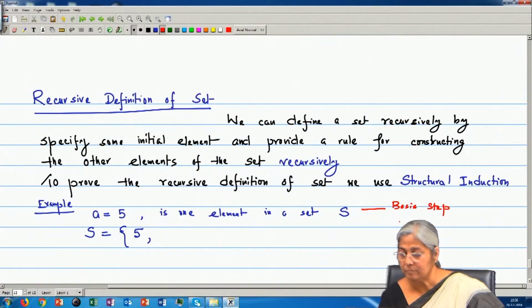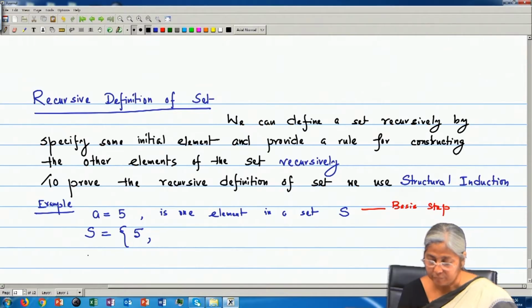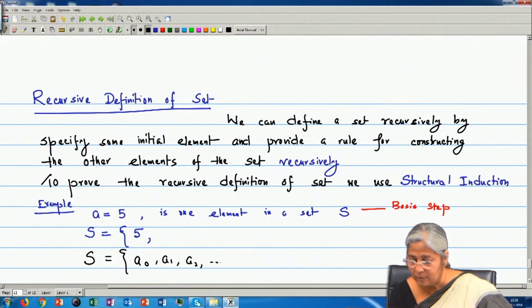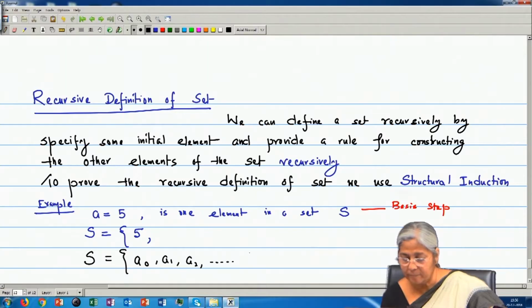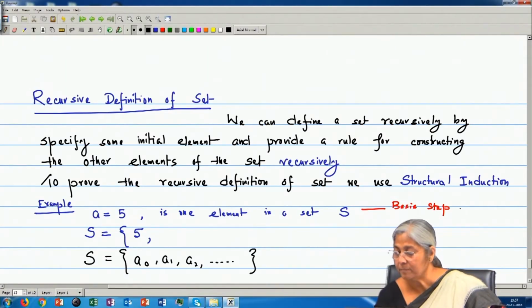If I consider S to be a_0, a_1, a_2, and so on as the elements, then the basis step is a_0 equal to 5.